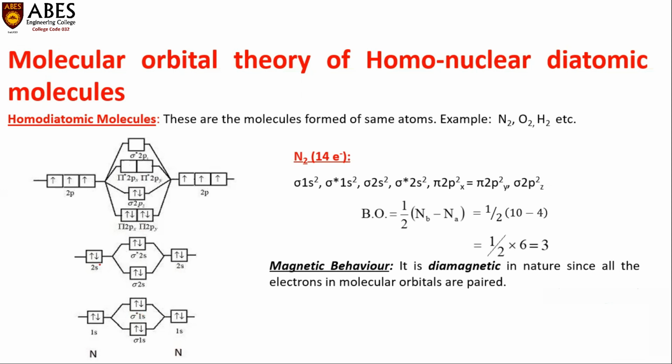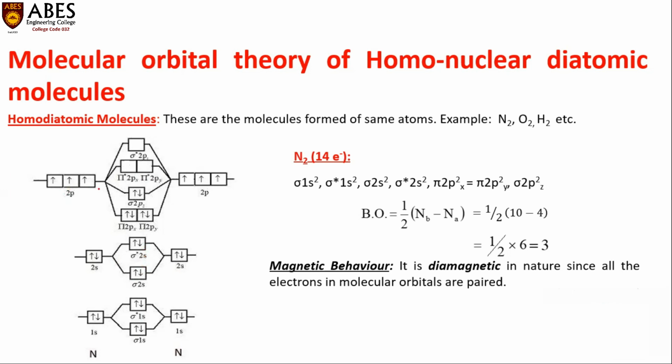In a similar way, two 2s orbitals are going to combine. They will form two new molecular orbitals: the sigma 2s bonding molecular orbital and the sigma star 2s antibonding molecular orbital.